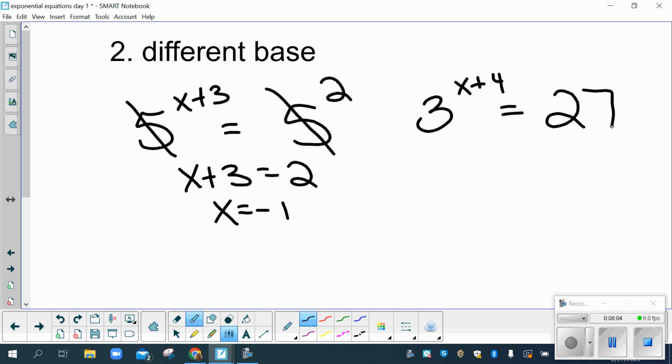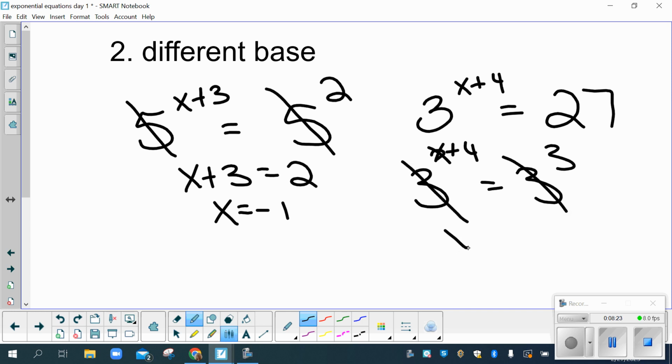You have to think in your head, how do I make 27 match up with a base 3? I almost always go to the smaller number if I can. And you know what that is? That's 3 times 3 times 3. Or 3 to the x plus 4 equals 3 to the third. Now it's super easy. I'm going to say x equals -1 again. Are we cool with that? Yeah? How about something like this?